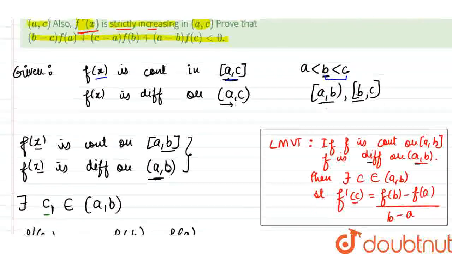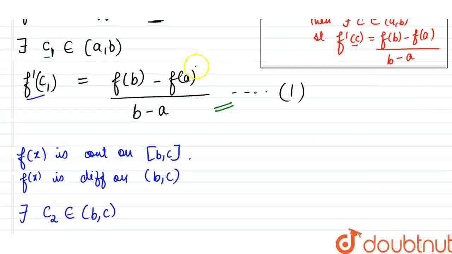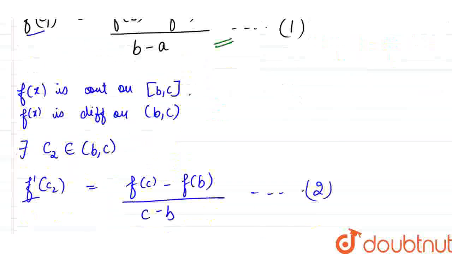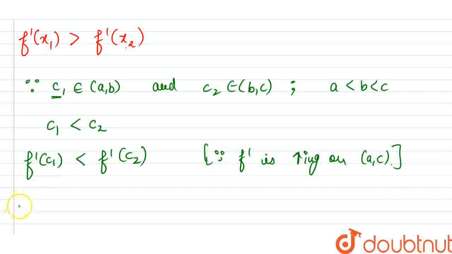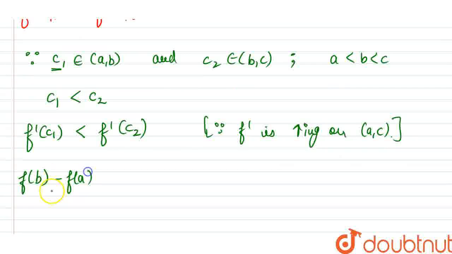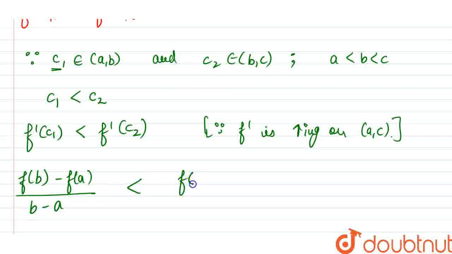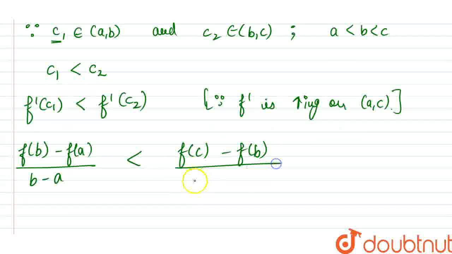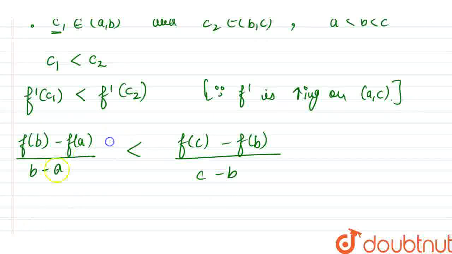Now we will put in the values of f dash c1 and f dash c2. So f dash c1 was f of b minus f of a divided by b minus a. This is less than f of c minus f of b divided by c minus b. We will cross multiply.